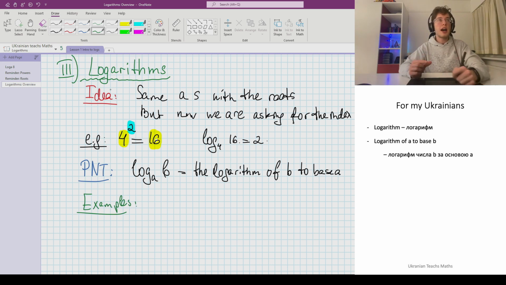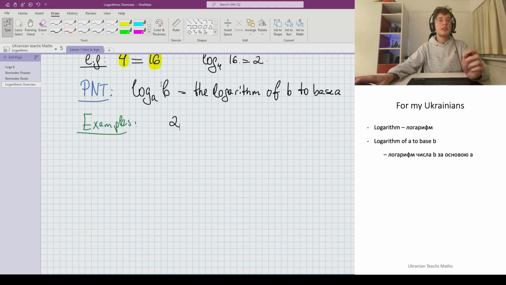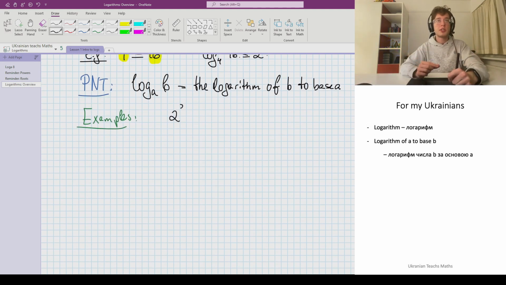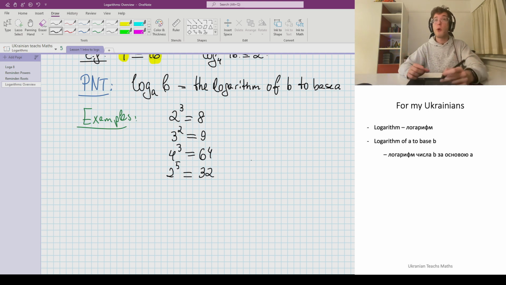So say we had, just same as before, several different powers. So say we have 2 raised to the 3 is equal to 8, 3 raised to the 2 is equal to 9, 4 raised to the 3 is equal to 4 times 4 times 4 equals 16 times 4 equals 64, and let's say 2 raised to the power of 5 equals 32, which you can check on your own.